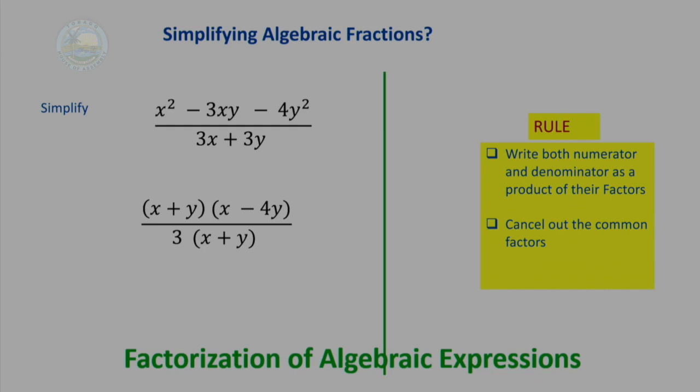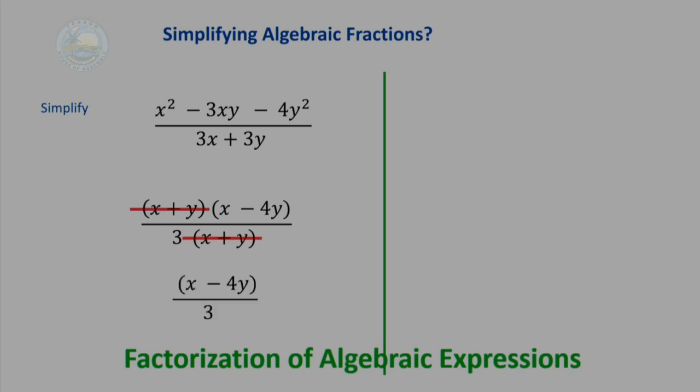Then the next step is to cancel out the common factors. What are our common factors here? When I look at numerator and look at denominator, the common factors are x plus y. So we cancel out those common factors. And what are we left with? We are left with x minus 4y all upon 3. And that is the way that we simplify this algebraic fraction to its lowest term.